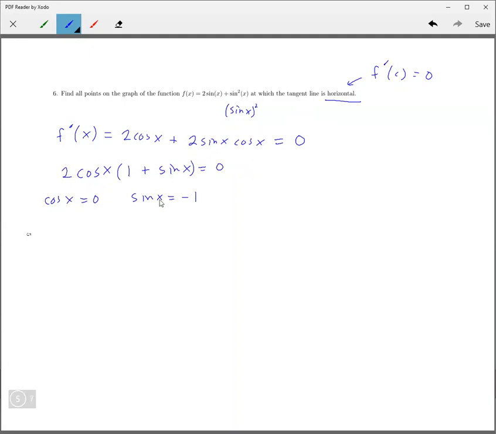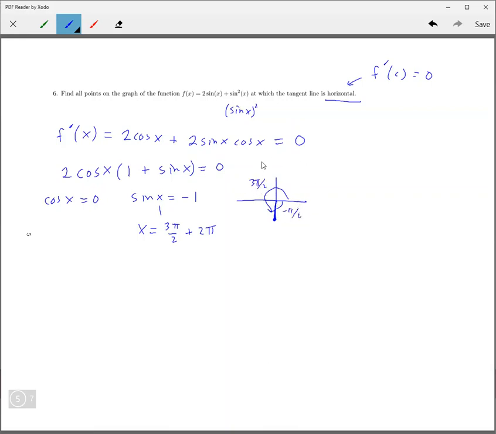Okay, now this happens when x is 3 pi over 2 plus any multiple of 2 pi, right? So sine x being -1 would be where you have an angle down here. So negative pi over 2 would work. This is 3 pi over 2 here.